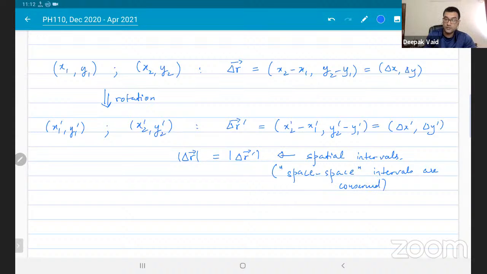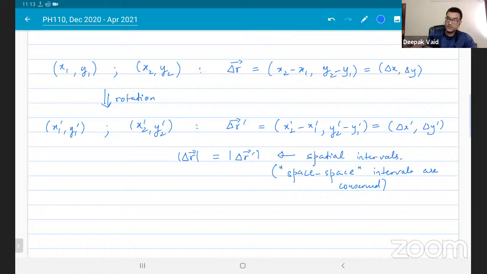They don't change under rotation, right? So this is a basic property of geometry, of spatial geometry. This applies in 2 dimensions, in 3 dimensions, in any number of dimensions, right? Whenever you have rotations, this will be true.